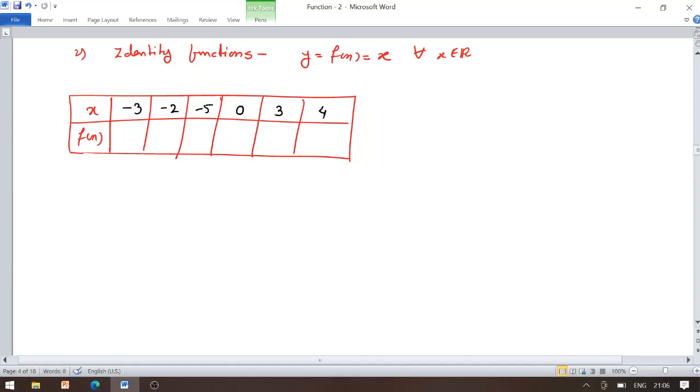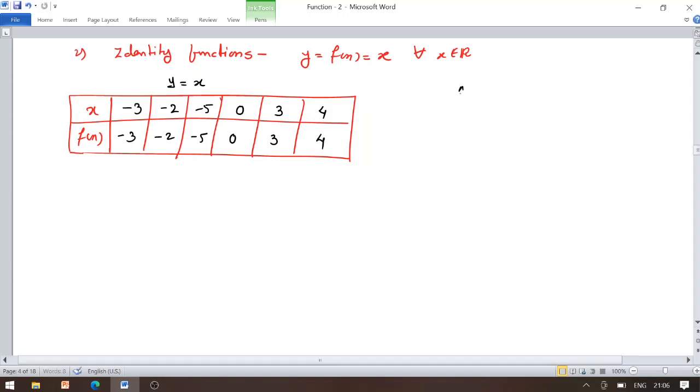Whatever be the value of x, we have the same value for y as per the identity function. So minus 3 gives minus 3, minus 2 gives minus 2, minus 5 gives minus 5, 0 gives 0, 3 gives 3, 4 gives 4.